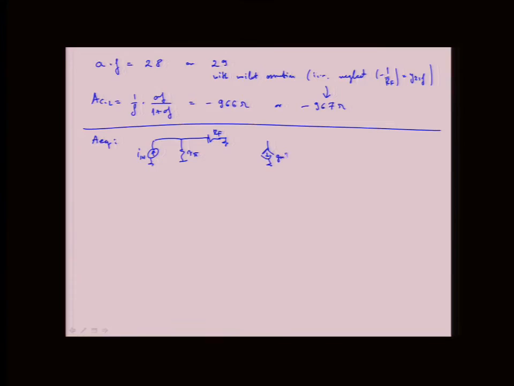And then we have GM VI. This is VI. And then we have RO in parallel with RC. And then here, there is a little bit of a difference. We have RF, R pi, and then we've grounded, nulled the input quantity, which was current. So that's why this piece is open.